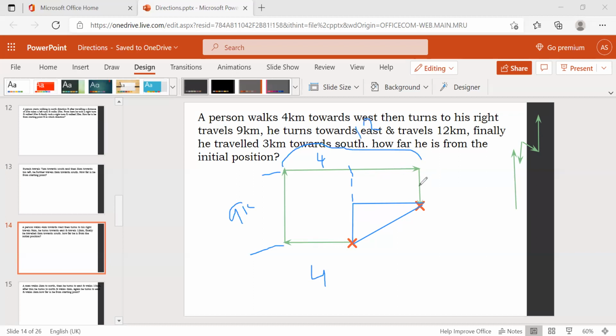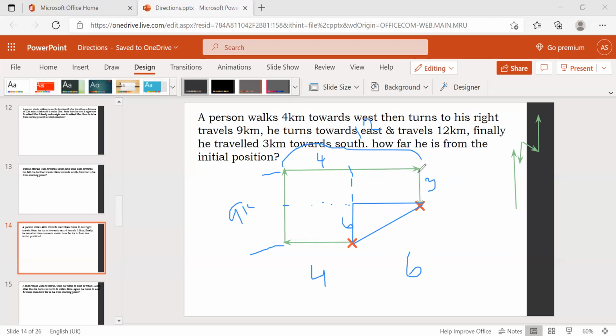Total is 12 and it is 3, right? So now this is 3, this is 3, and we want up to here. The total is 9 and up to this it is 3. So remaining is 9 minus 3, which is 6. Okay, this length we find that it is 6.